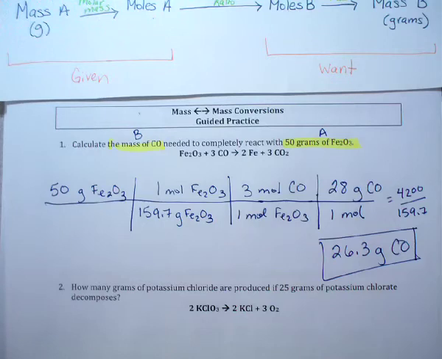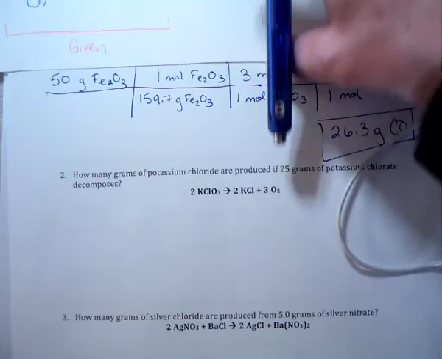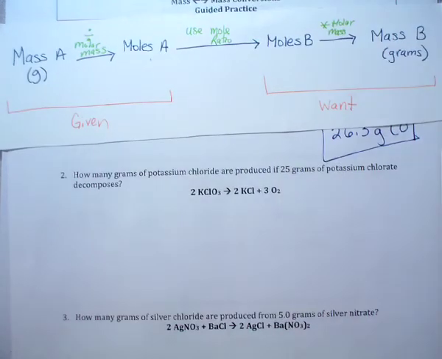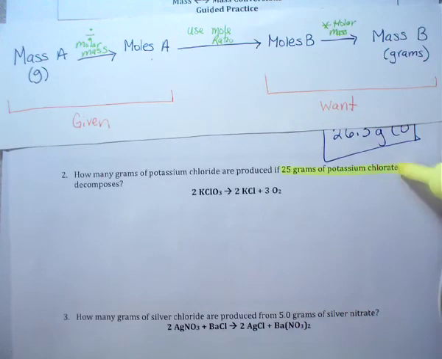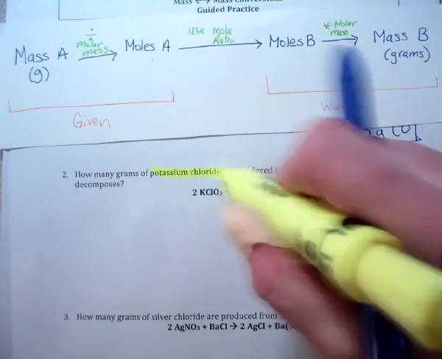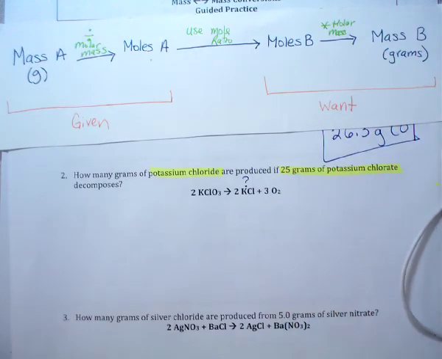Let's look at number 2. Number 2 asks how many grams of potassium chloride are produced if 25 grams of potassium chlorate decomposes. So I'm asking you to find the grams of potassium chloride.